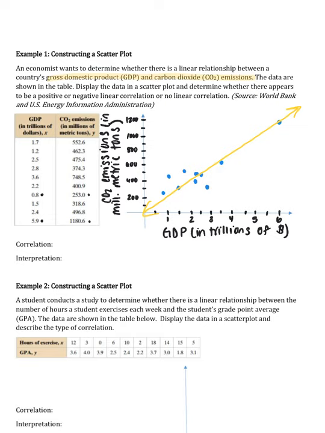So our correlation would be that this is a positive linear correlation, okay? And our interpretation is, and we're not going to say the x's, as the GDP increases, the CO2 emissions tend to increase.